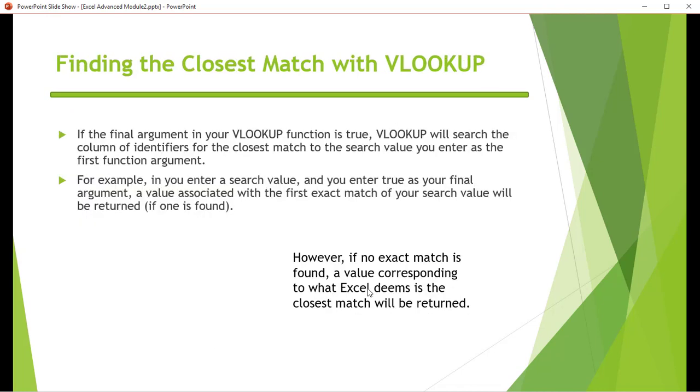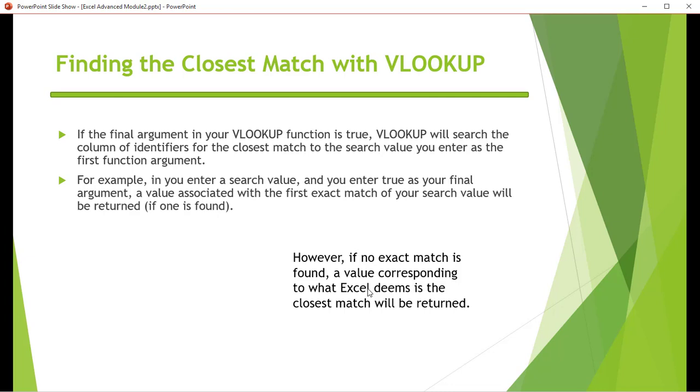Now, in the final argument, if it is TRUE, VLOOKUP will search the column of identifiers for the closest match to the search value you enter at the first function argument.